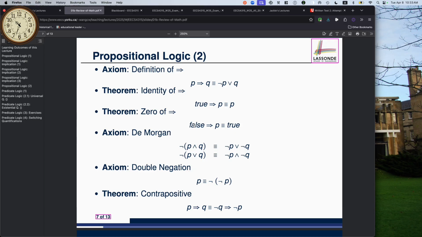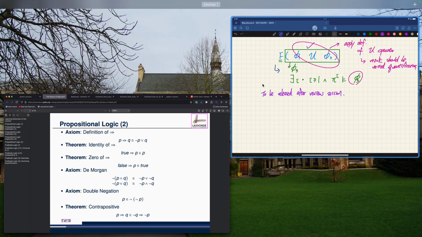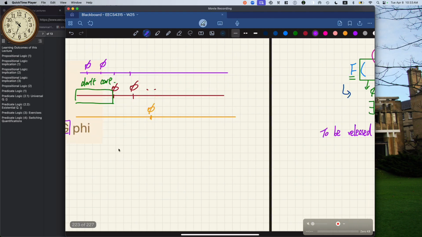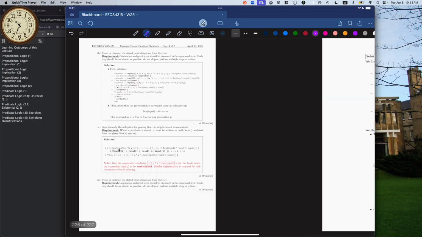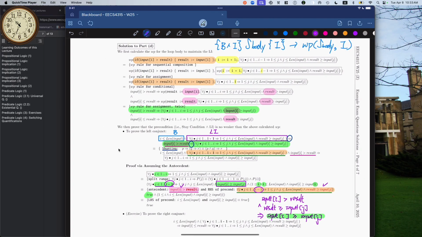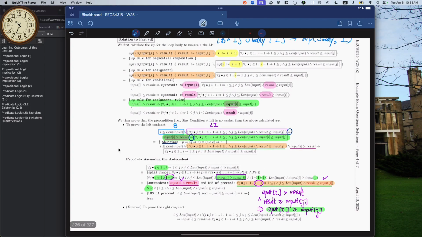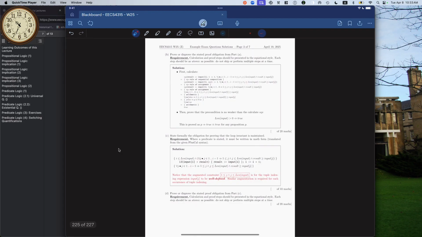Right. I think it was the proof obligation question. It said arithmetic in the solution. Let me go there. Give me one moment. You mean right here? Which part are you talking about? I think it was question 1B.